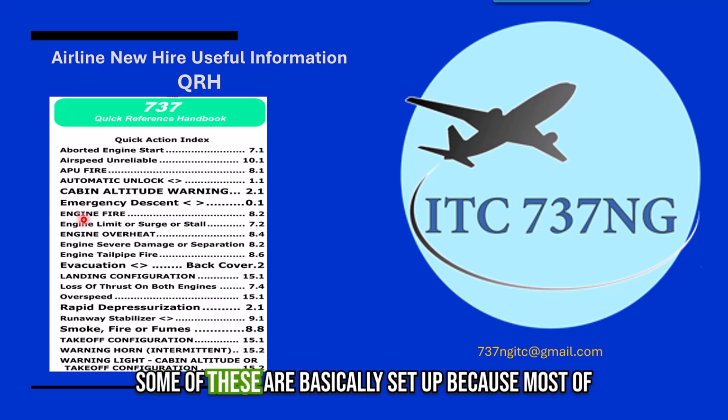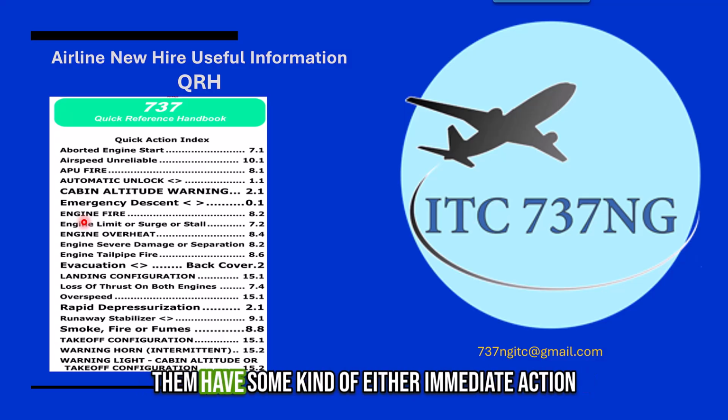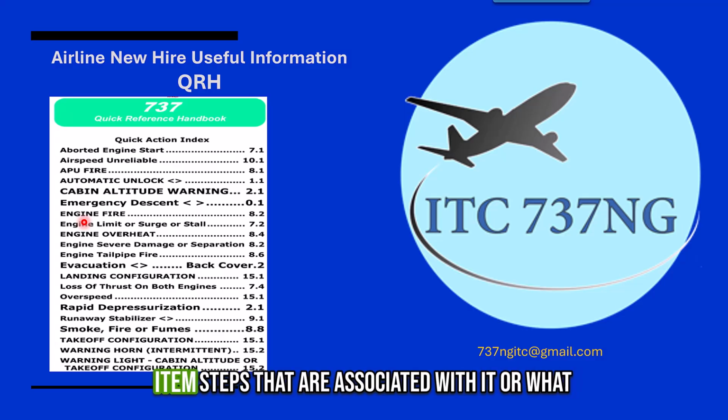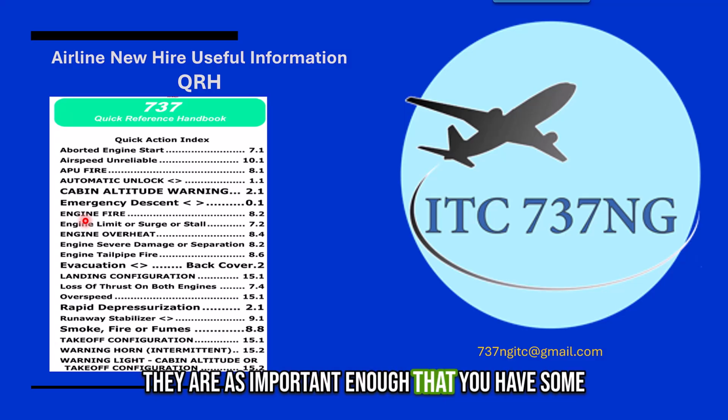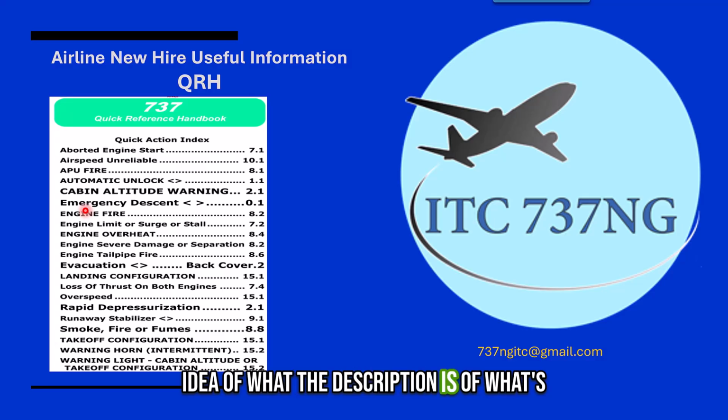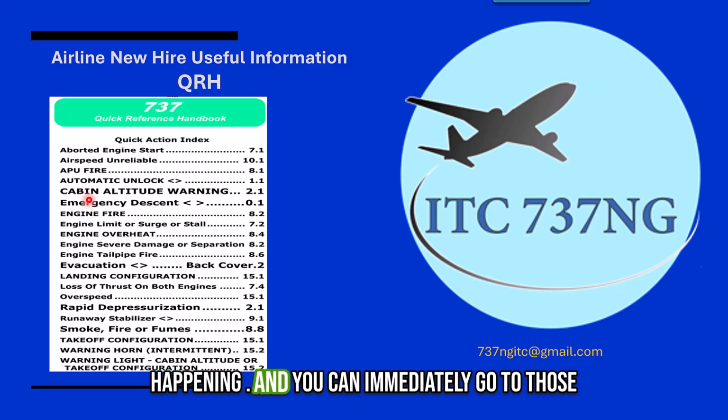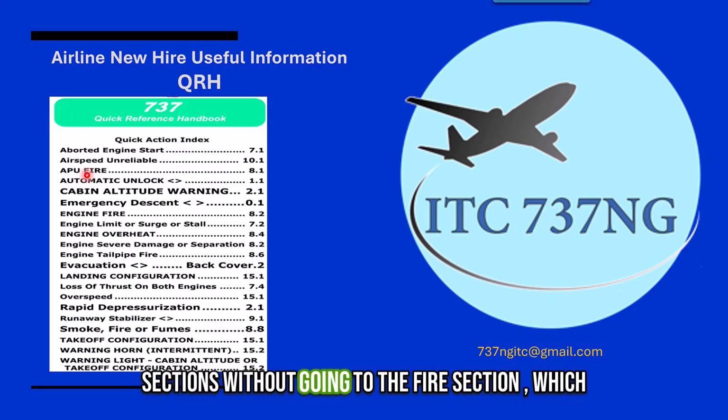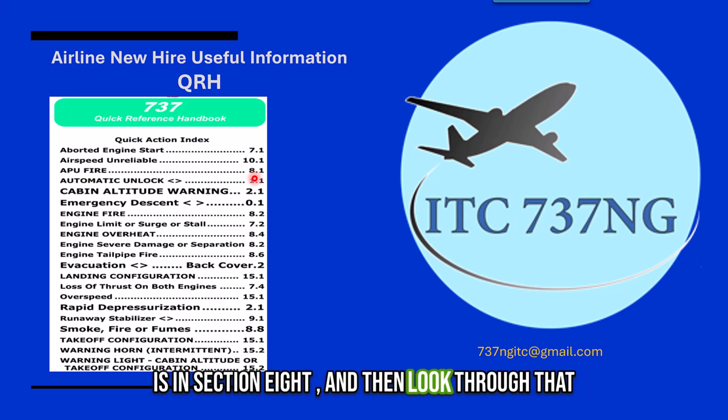Now, some of these are set up because most of them have some kind of immediate action item steps associated with them, or what they are is important enough that you have some idea of what is happening, and you can immediately go to those sections without going to the fire section, which is in section 8, and then looking through that section.